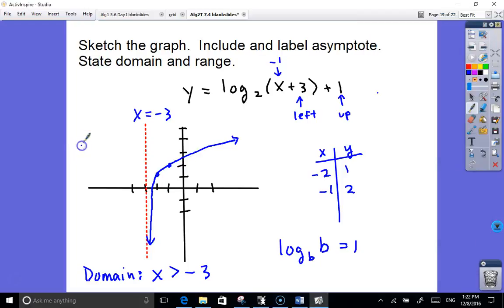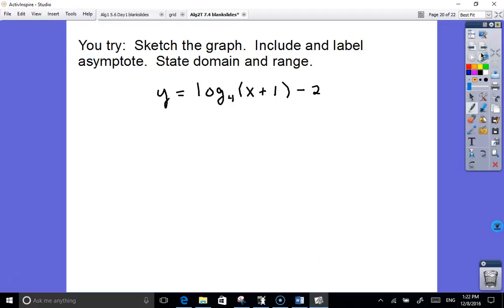Okay, so one more, which is for you. Try, sketch the graph, include and label the asymptote, state the domain and the range.